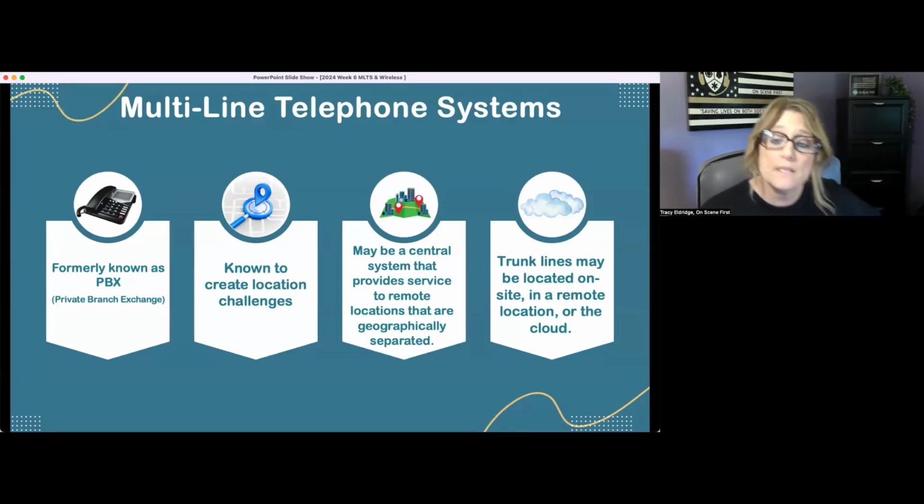But they're formally known as a PBX, which stands for Private Branch Exchange. I have another slide later on that is specifically about the acronym PBX, but it can also be public branch exchange. So there's a little bit of a difference between public and private.